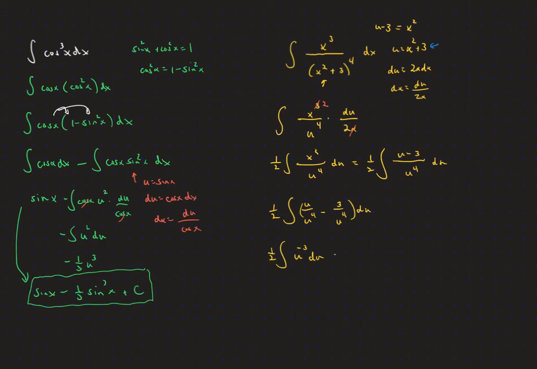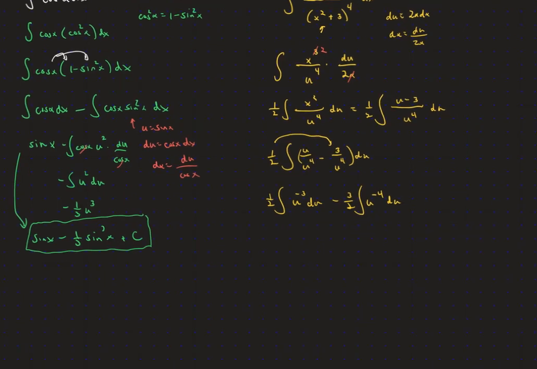I'm going to bring this 1/2 and give this its own integral. The 3 I'm going to pull out, so that's minus 3/2. You with me there? And the over u to the fourth is going to be a u to the negative 4 du. Okay, now we're making progress.